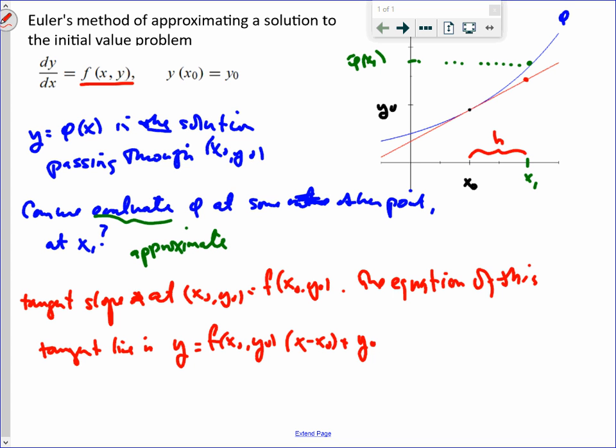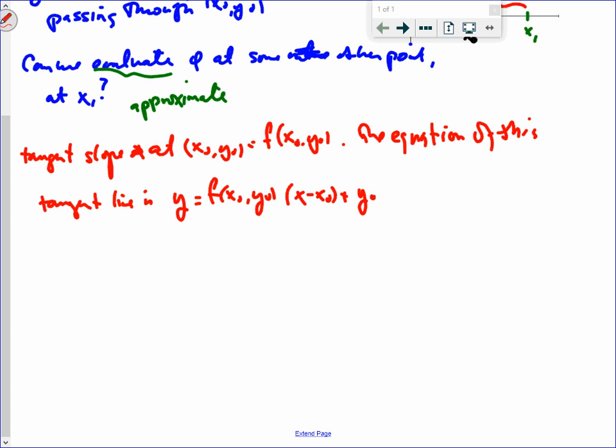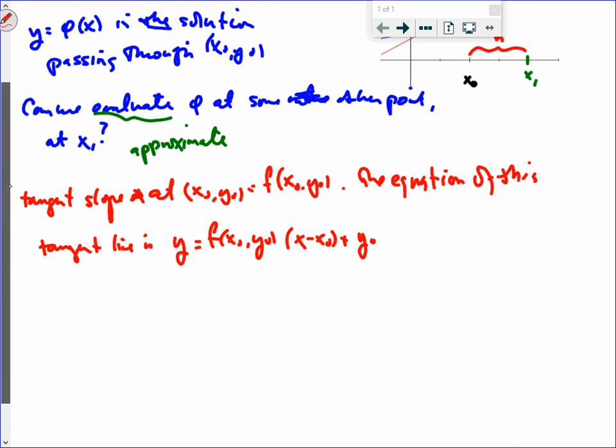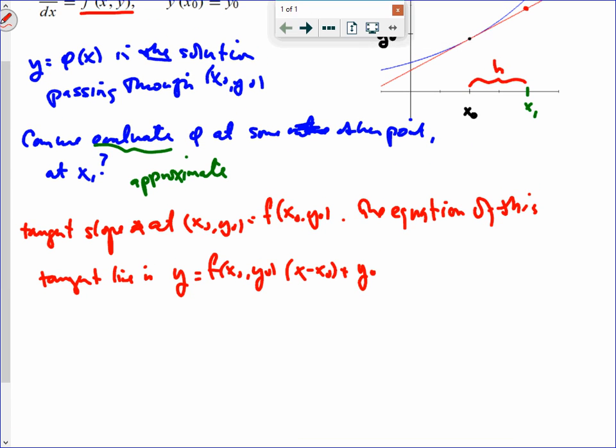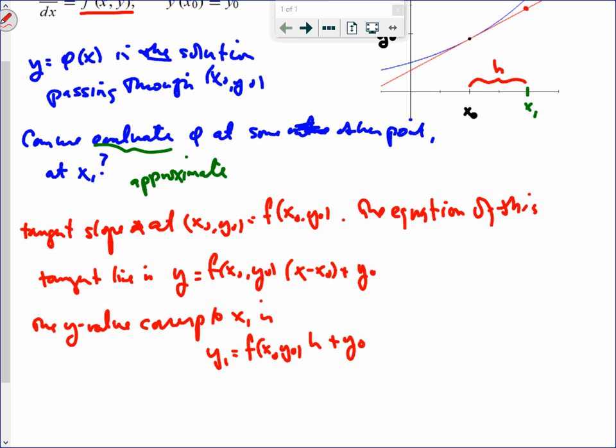Then the y value corresponding to x1, we're going to call that y1, which is f of x0, y0 times, if I plug in x1 here, this is the distance h, plus y0.